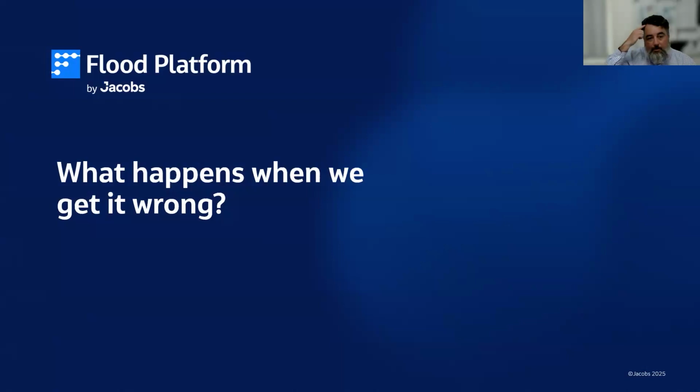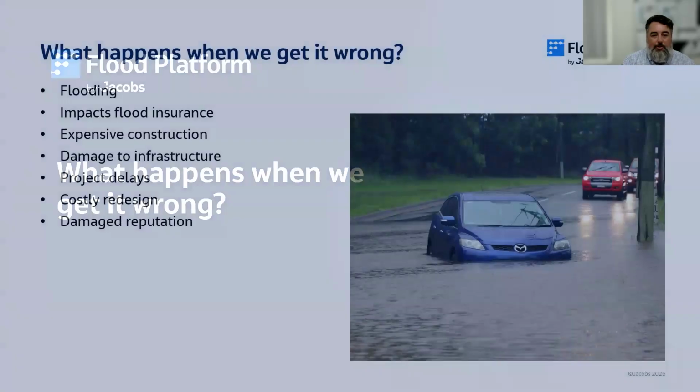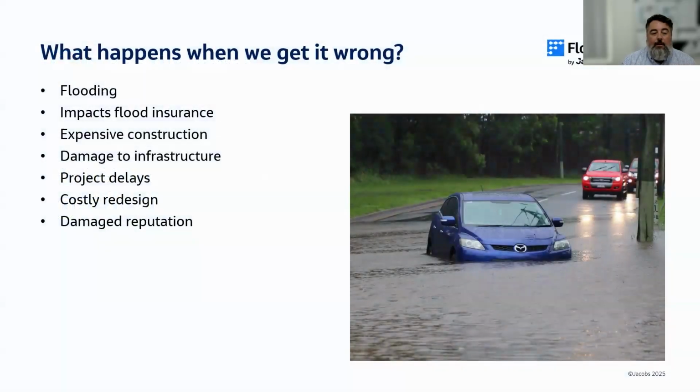So what happens when we get our modeling wrong? Well, I guess the biggest thing is flooding happens when we get it wrong. What do we mean by that? It doesn't rain more because we've got our modeling wrong, of course.